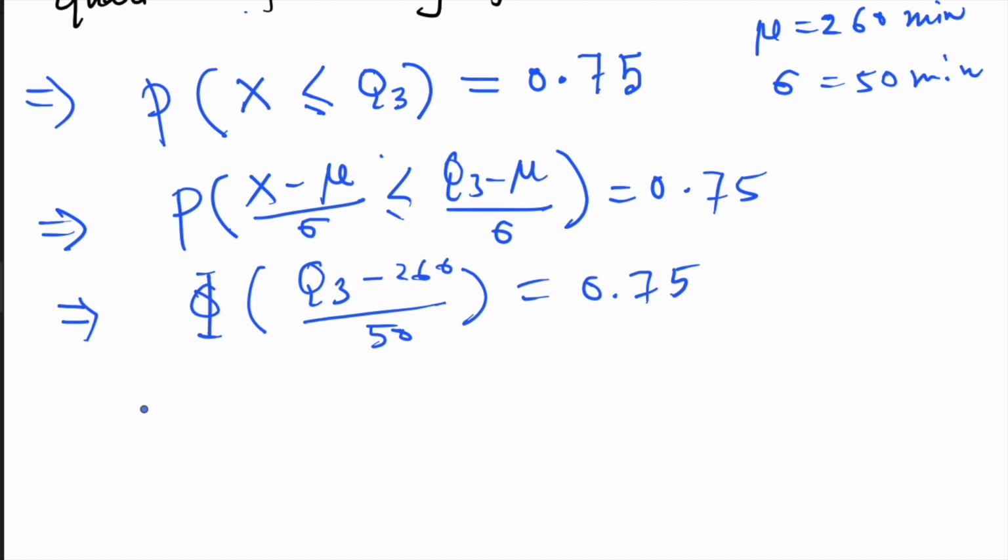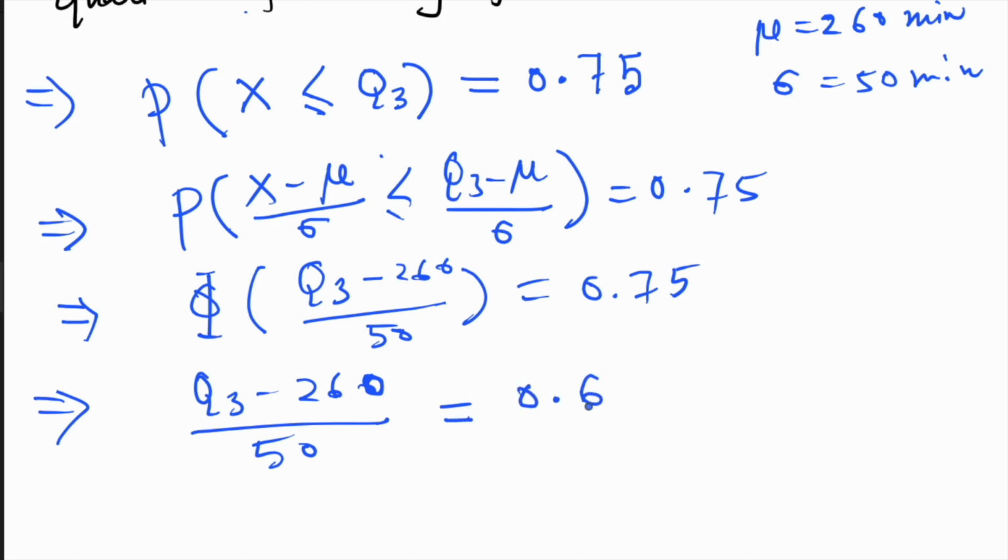And we know the value at which the standard normal cumulative distribution becomes 0.75: if Q3 minus 260 by 50 becomes 0.67449, the cumulative distribution function up to this point is 0.75.